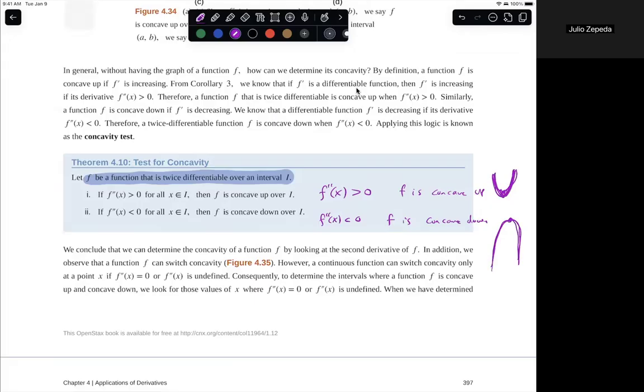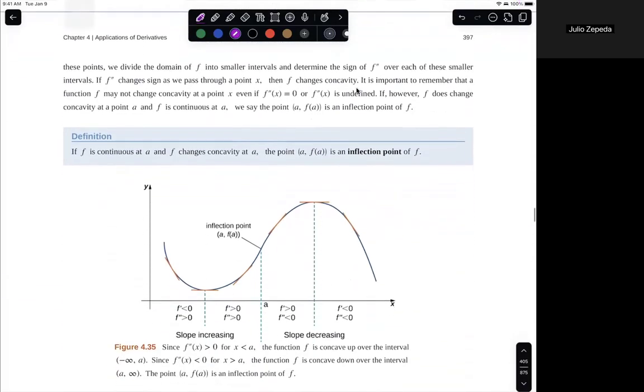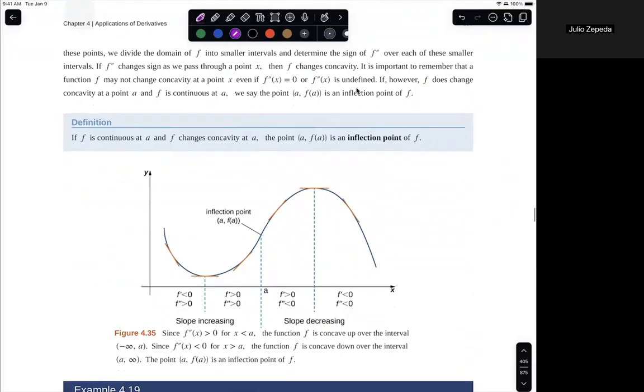So concavity is also important to us. We also define an inflection point. This is where the concavity changes, where a function goes from being concave up to concave down. The point at which the concavity changes from positive to negative or negative to positive is called the inflection point.